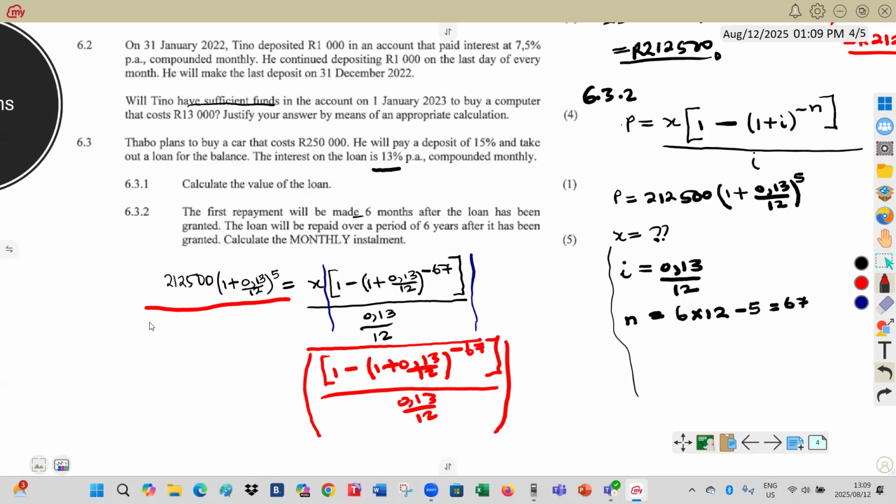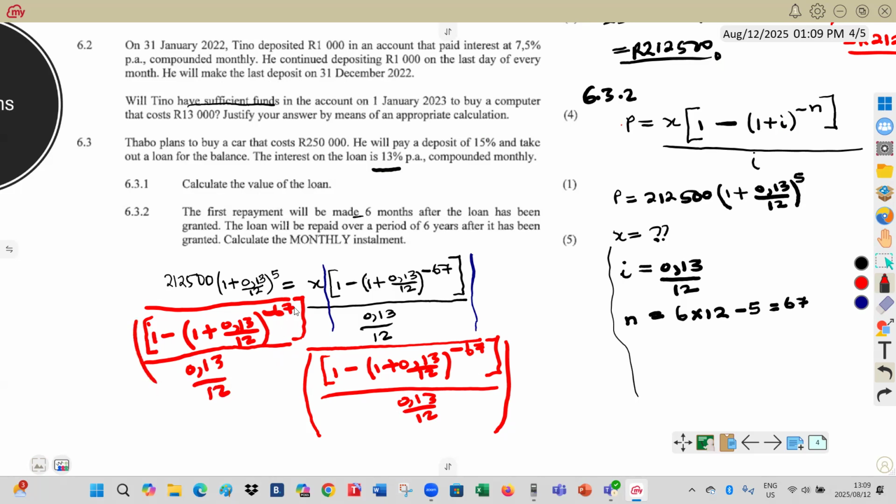It's going to be 1 minus 1 plus 0.13 over 12 to the power of a negative 67, all over, take note, this one is over 0.13 divided by 12.